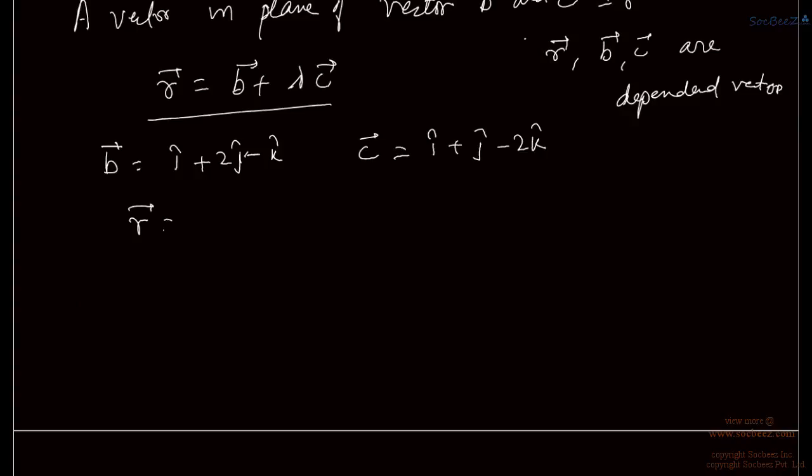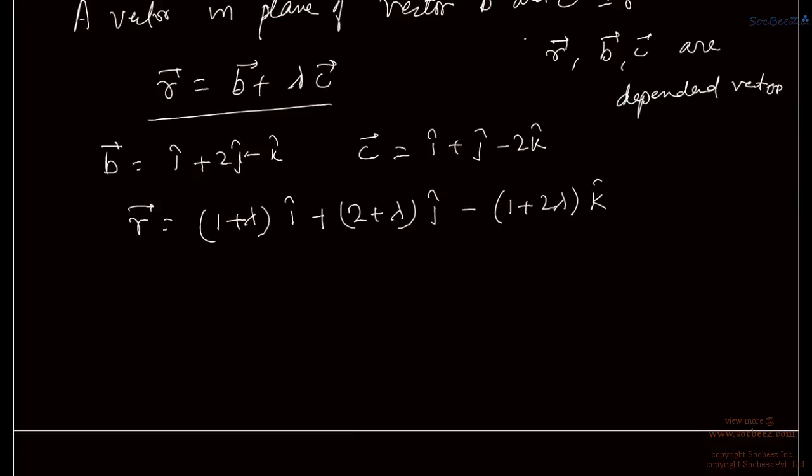So we have vector R as B plus lambda C. That means 1 plus lambda i plus 2 plus lambda j, minus 1 plus 2 lambda k, right? So we have vector R.